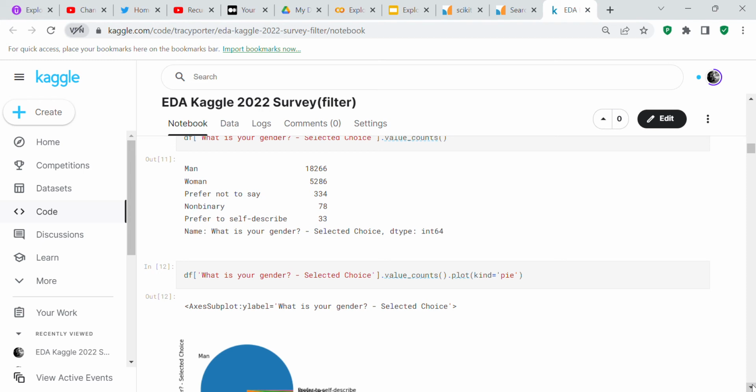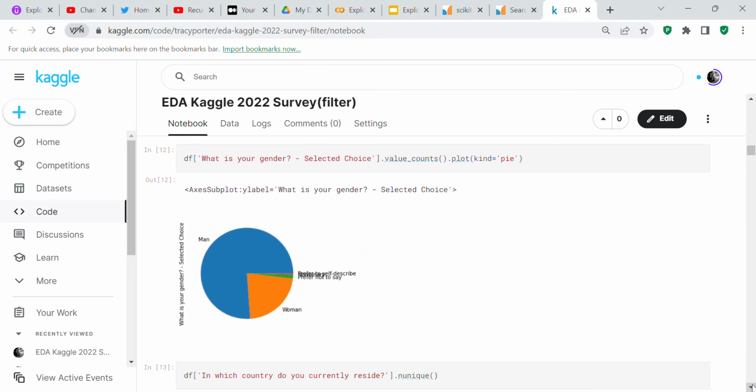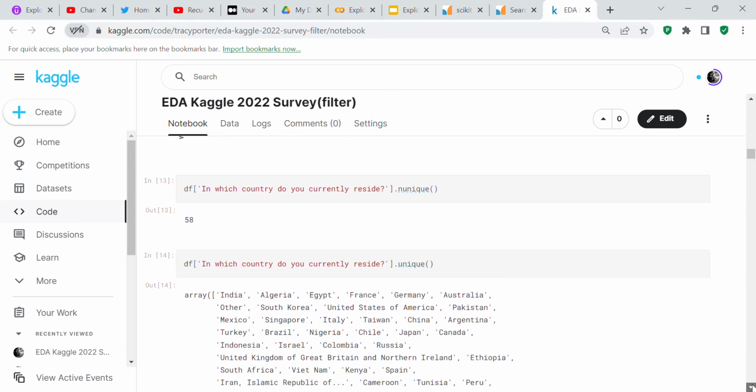I'm not even sure exactly what non-binary means, but hi-ho. On the pie chart you can see maybe three quarters of the people who responded were men, maybe 20% were women, and the rest were prefer not to say, non-binary, or prefer to self-describe.